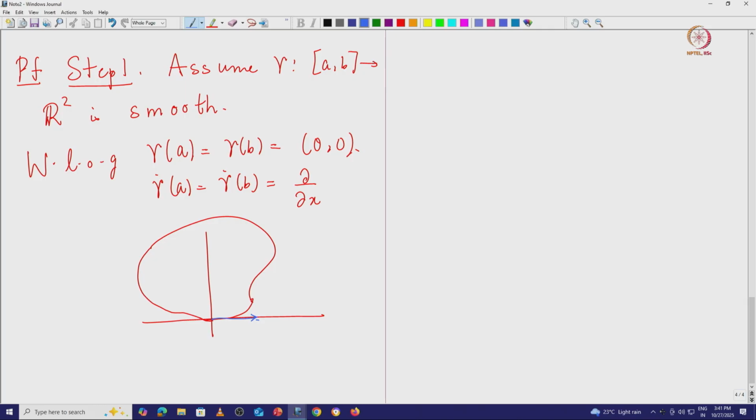So now in order to prove this theorem, I also want to look at the angles that various secants make. So I do not only want to look at the tangent vectors, I also want to look at the secant vectors. So for this I do the following. I consider the following triangle.